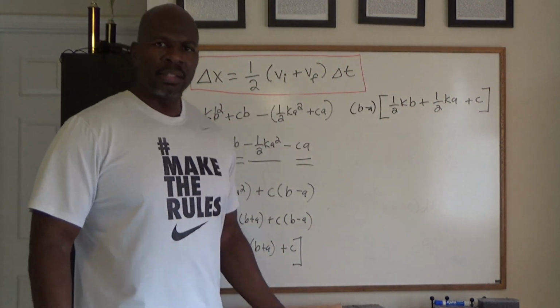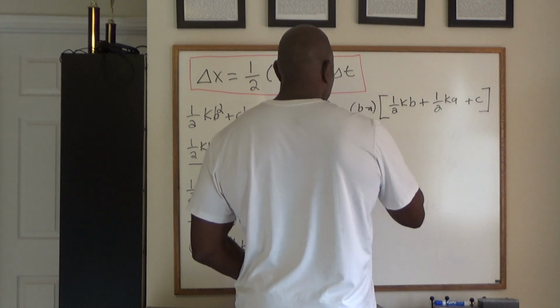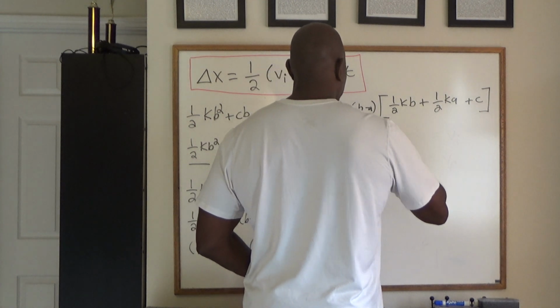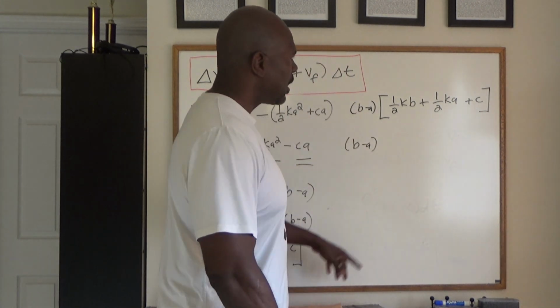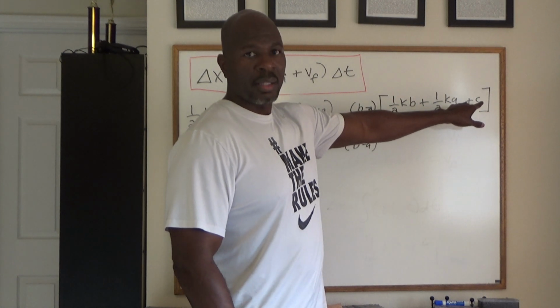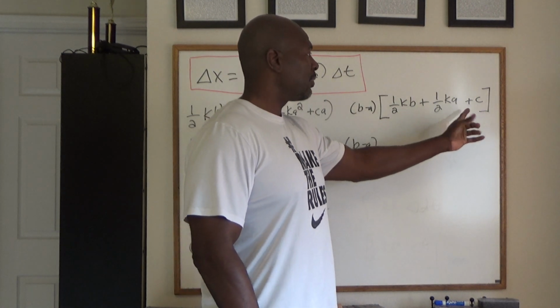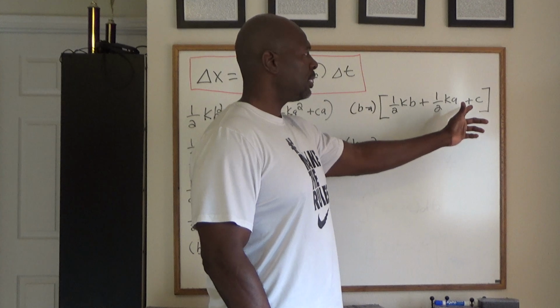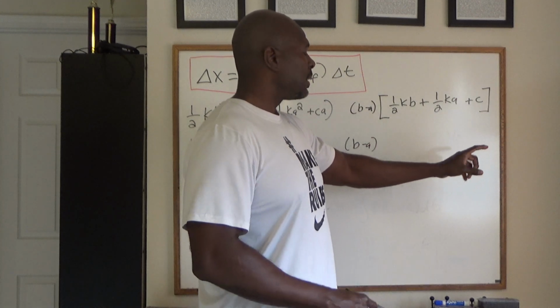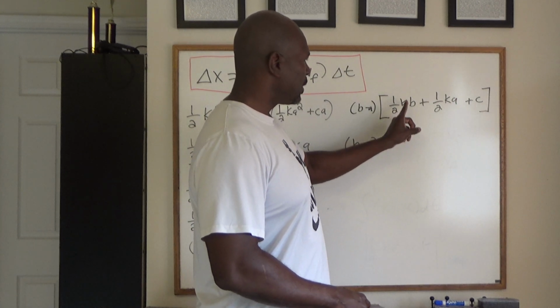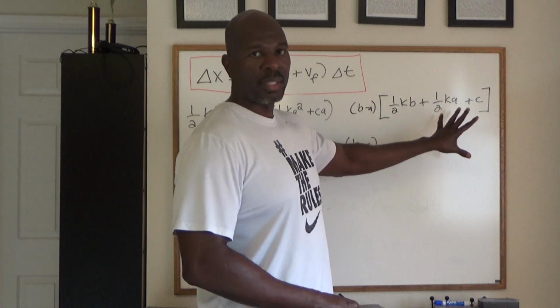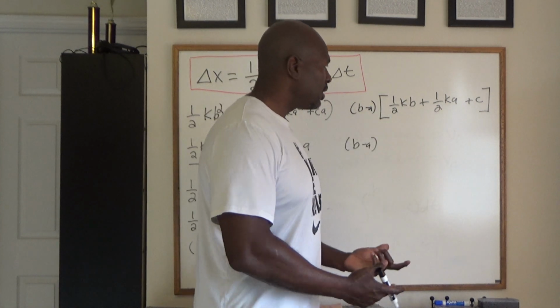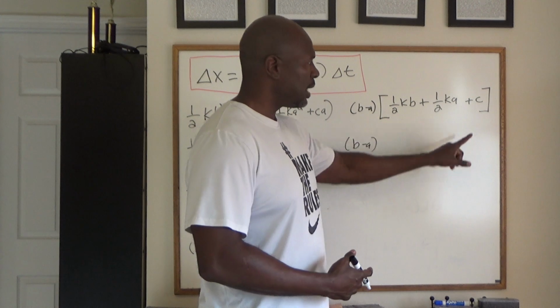Now the next thing I'm going to do, it may not be that obvious, but you see this c right here? I'm going to cut this c in half and turn it into 1/2 c and 1/2 c, because I want to put 1/2 c with this term and another 1/2 c with that term. So I'm not changing the value of the expression, because 1/2 c plus 1/2 c is c.